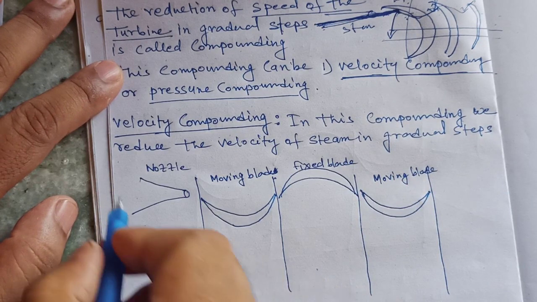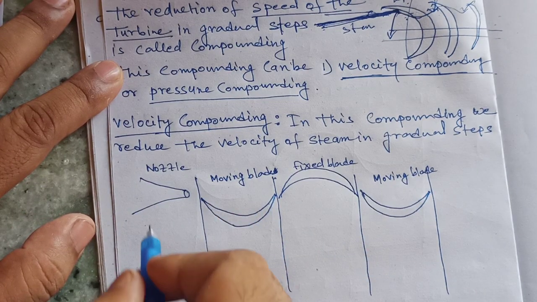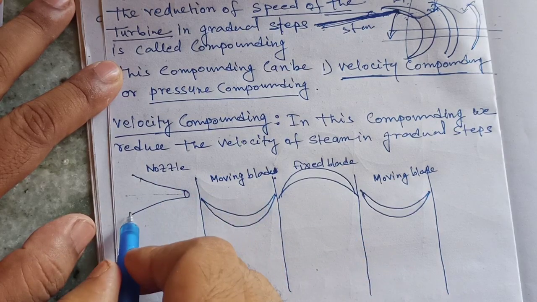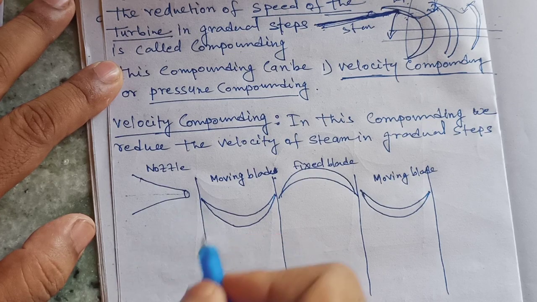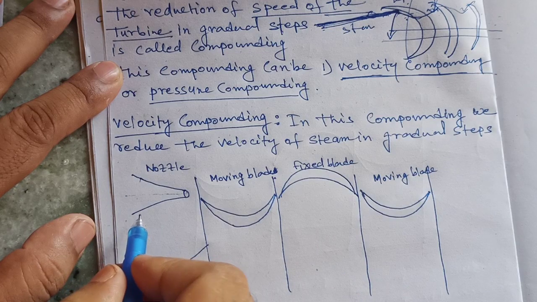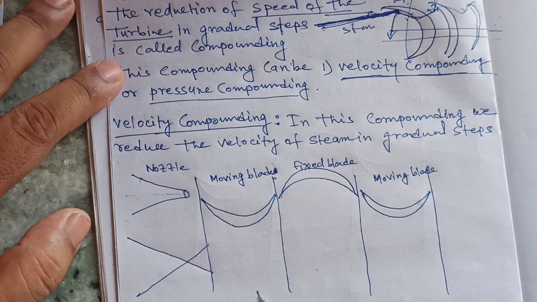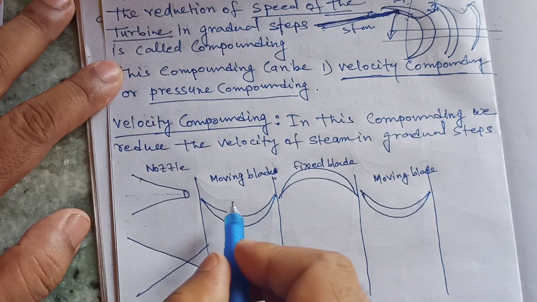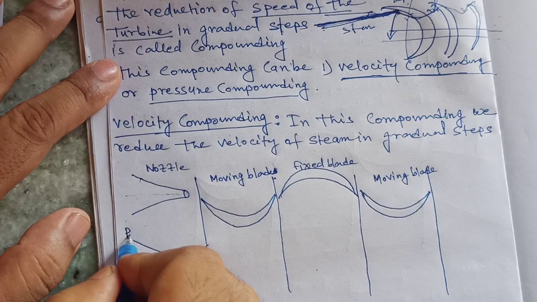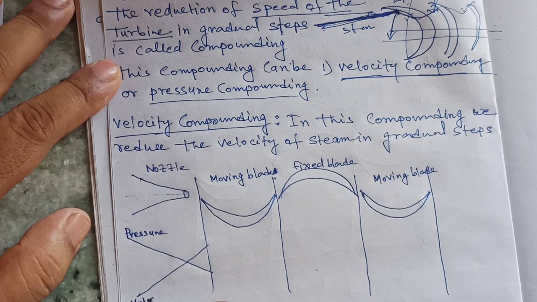Now you know when the steam passes through the nozzle, the velocity at the end of the nozzle will increase. So I can increase the velocity and pressure will reduce. As the velocity increases, the pressure obviously will reduce. This is the pressure and this is the velocity.